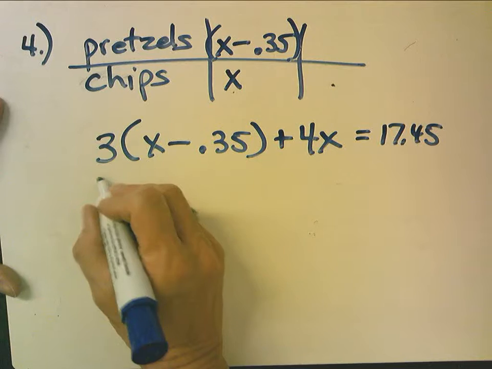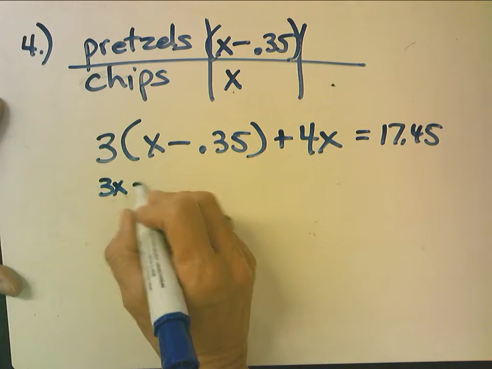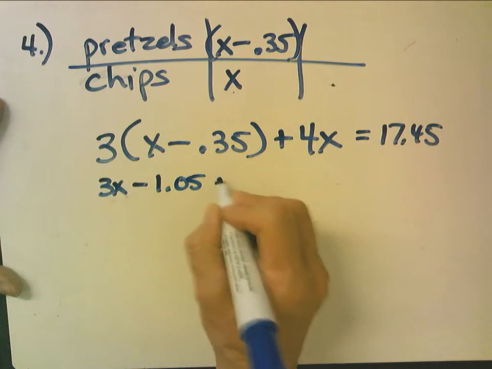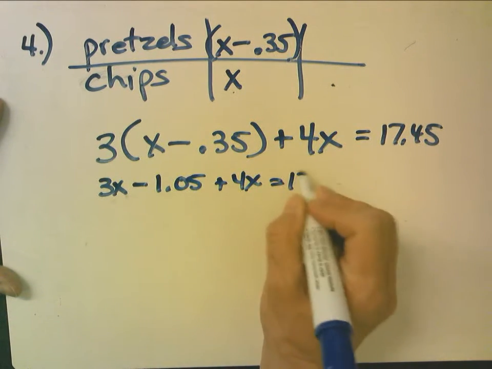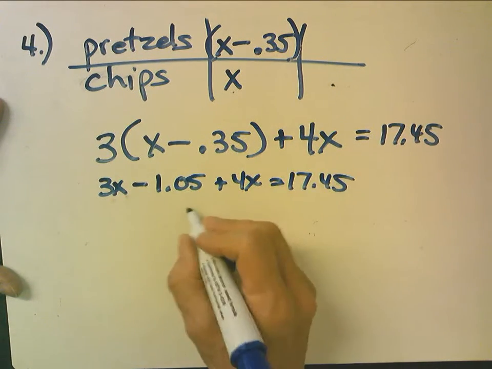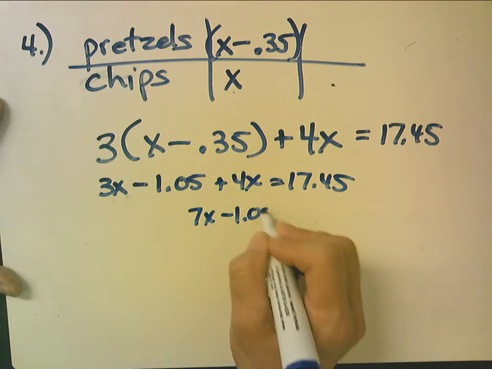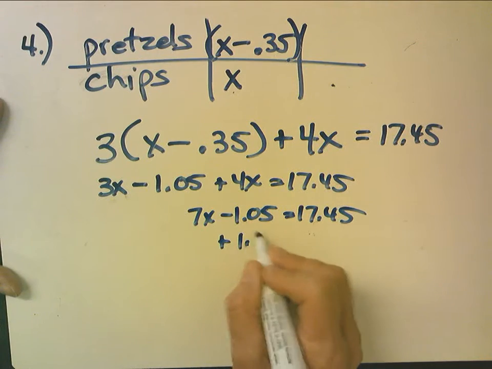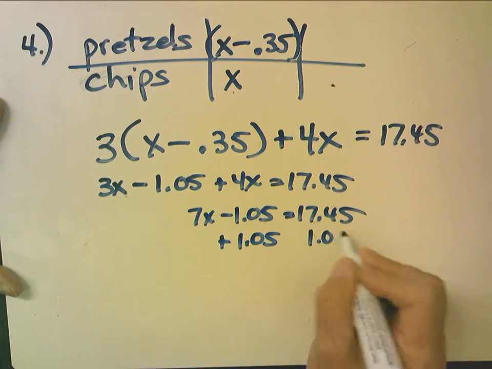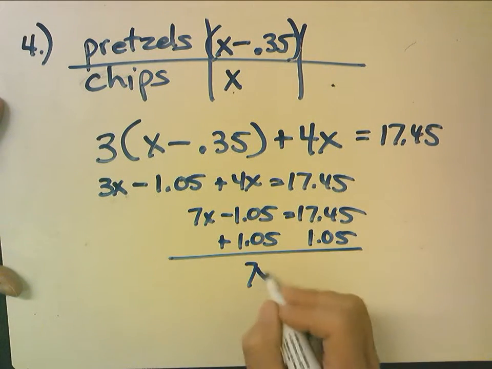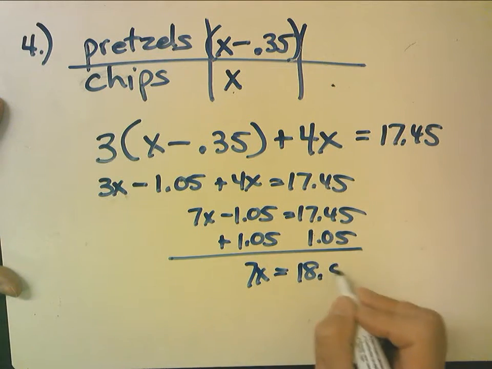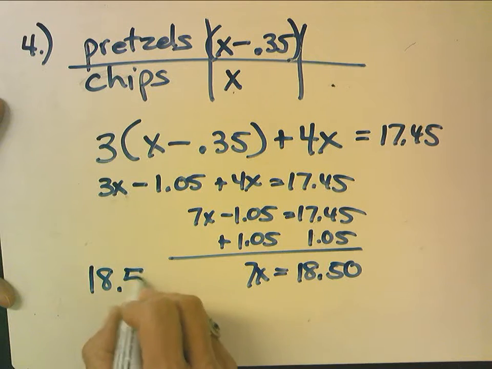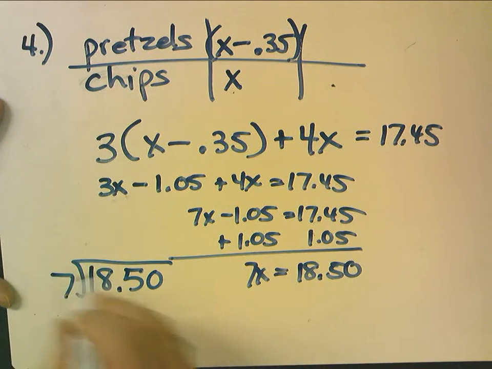So this is 3x minus $1.05 plus 4x equals $17.45. Combine my like terms. And then I'm going to add 105 to both sides. And I get 7x equals $18.50.